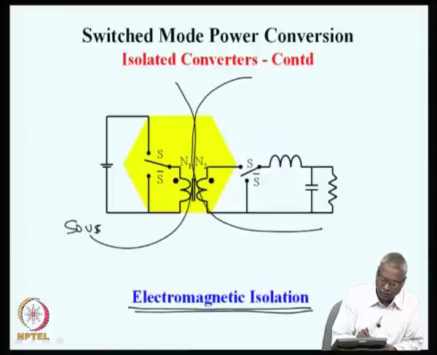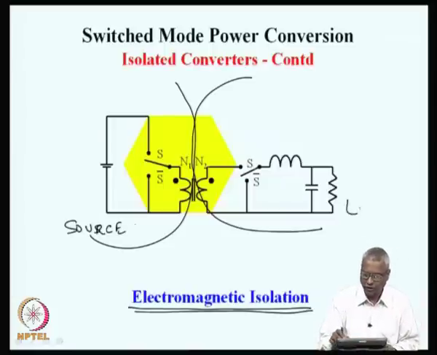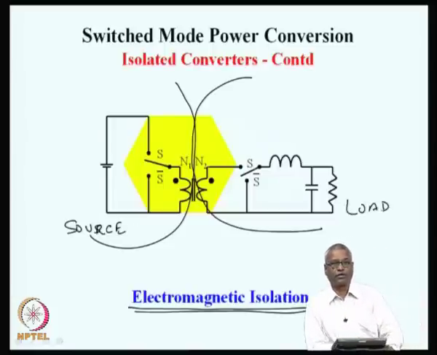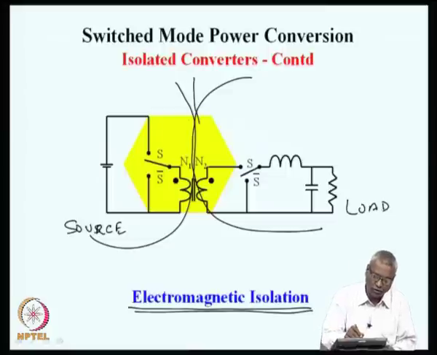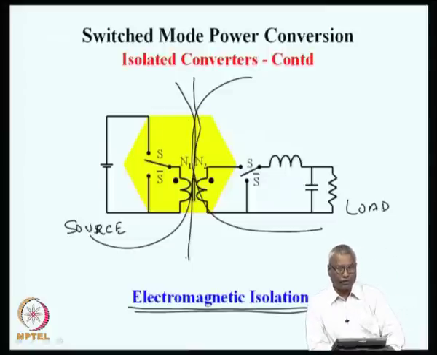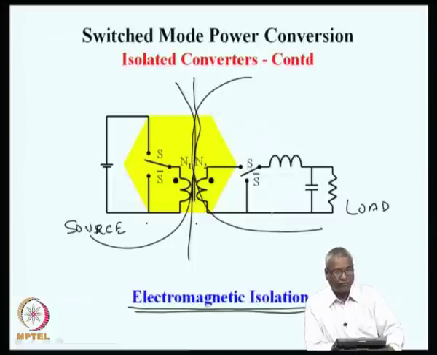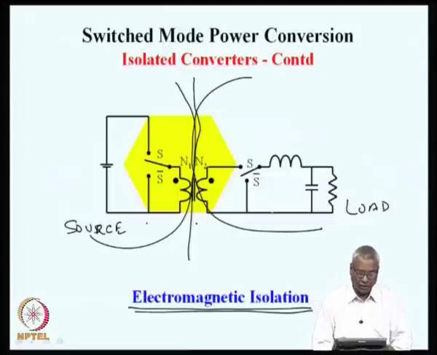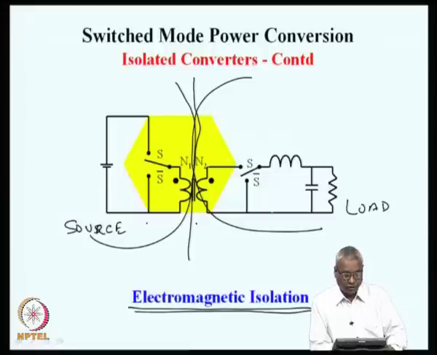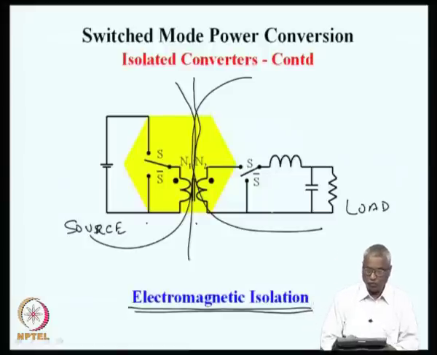If the source is at a certain potential and the load has certain other potential, both of them are electrically isolated at the transformer, which provides electromagnetic isolation. Power is converted, energy is transferred from electrical to magnetic and then magnetic to electric, achieving electrical isolation between the source and the load.